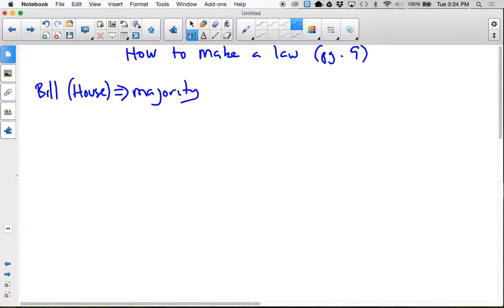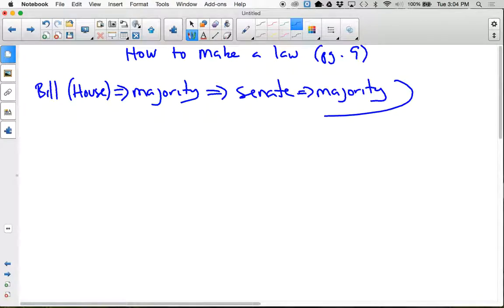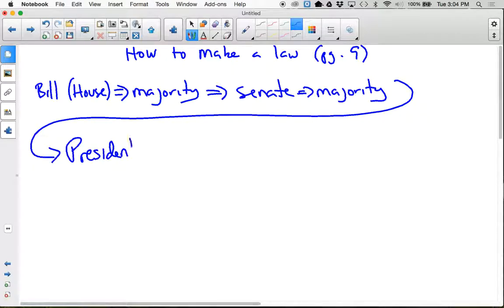Okay? So you get a majority of people that vote for it. It would then go to the Senate, in which the Senate will debate it. There can be something called reconciliation where they will make some determinations. But if it passes there with a majority vote, it then goes to the president. The president now has one of two choices. Okay? The president can sign it.